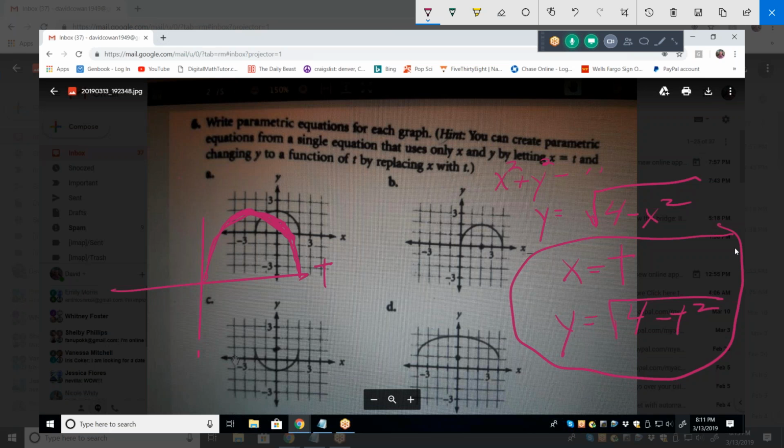Time only goes in one direction. I don't know if they've taught you this or not, but when you are graphing parametric equations, it is actually correct to put that arrow on there.